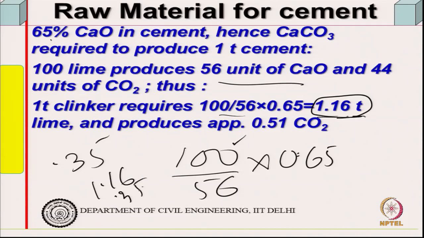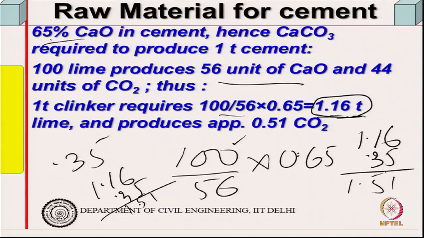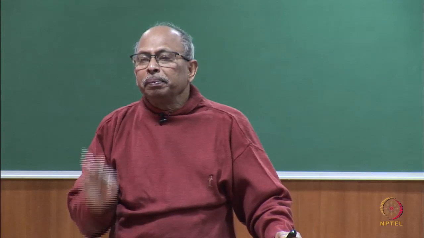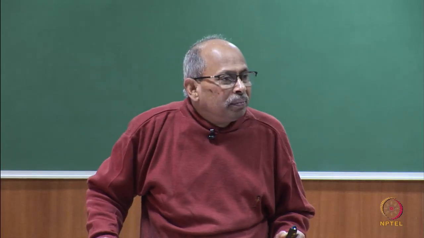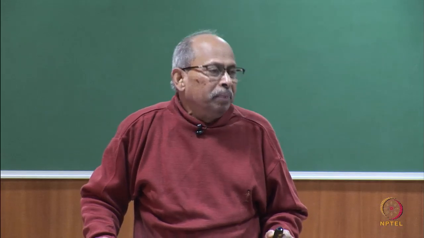But anyway, 1.16 plus 0.35, because 0.65 was calcium oxide in cement, 0.35 will be the rest. 1 ton of cement will have 0.35 tons of other materials, leaving all the details aside because they are smaller compounds. So, my total raw material requirement will be this plus 0.35, which would be 1.51. So, you will need around 1.51 tons of raw material to produce 1 ton of cement, right.